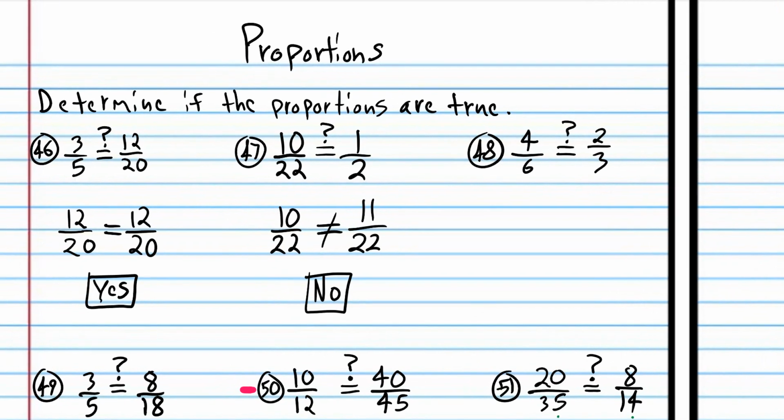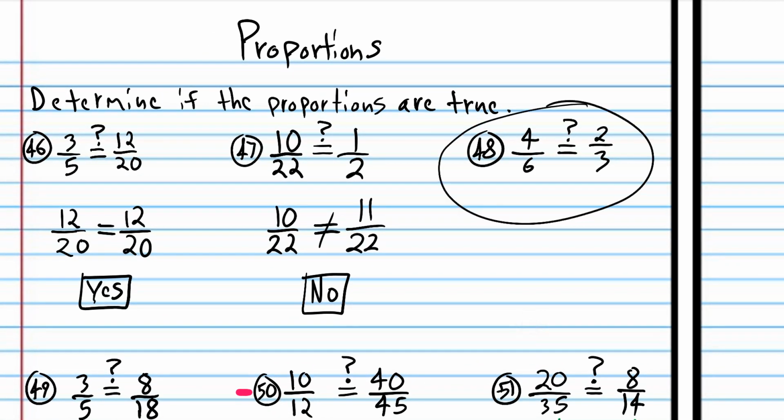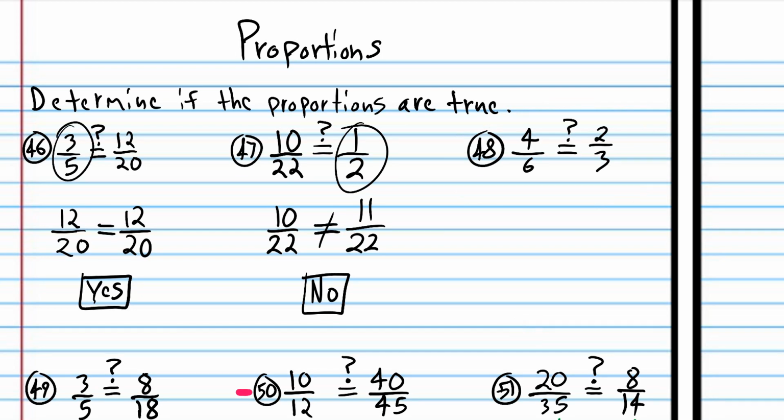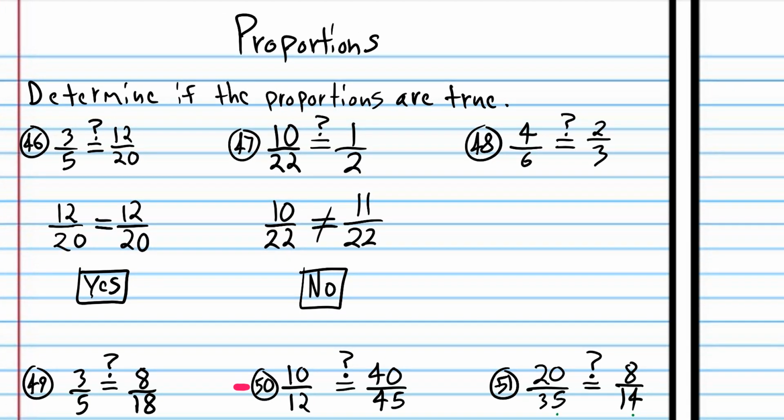So in this problem here, remember we multiplied both sides of these fractions to see if the proportion was true, but you can reduce a fraction sometimes. For example, I can divide both sides of this fraction by 2. 4 divided by 2 is 2. 6 divided by 2 is 3.